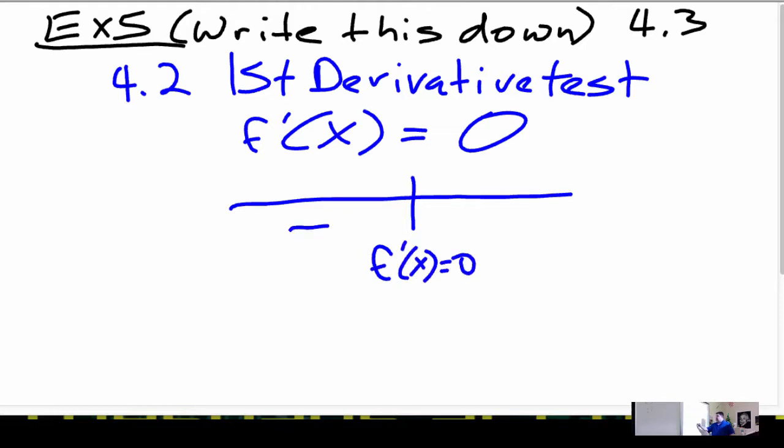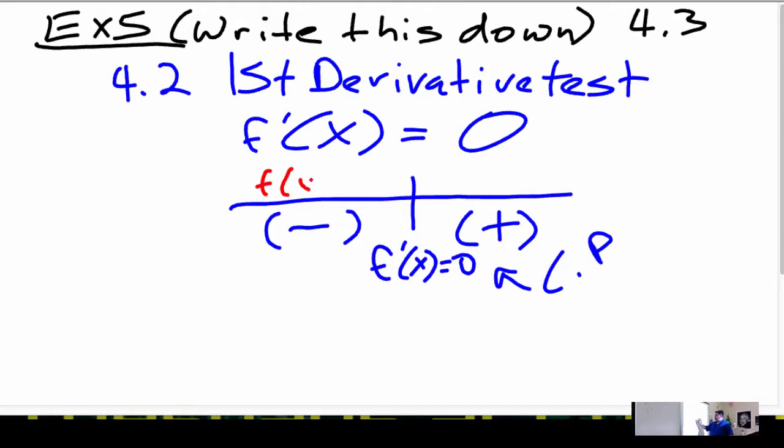And then we would determine if it was negative or positive on either side of what we would call a critical point. And what that told us is that f of x was either increasing or decreasing depending upon the value of the derivative, okay? Right?